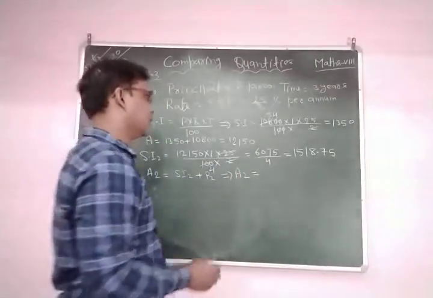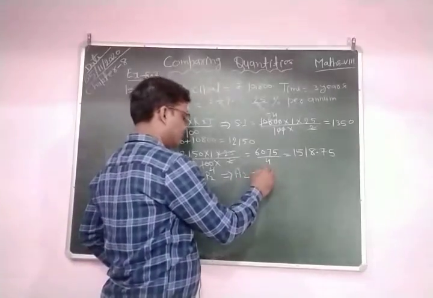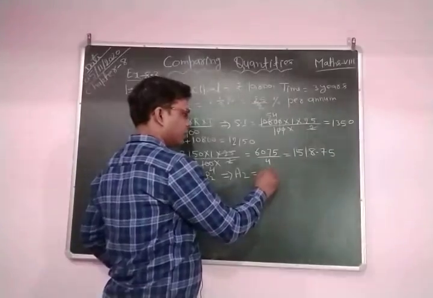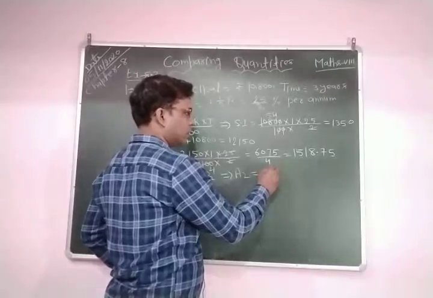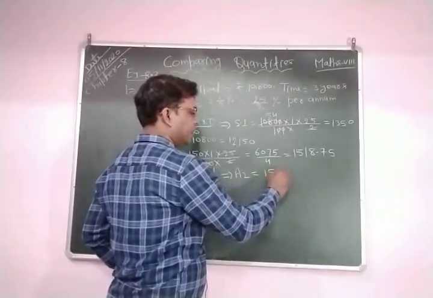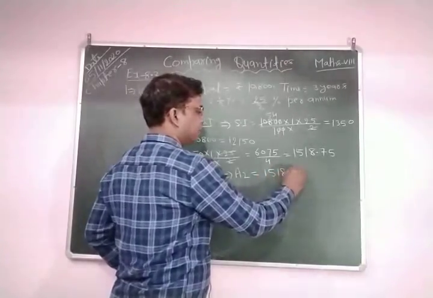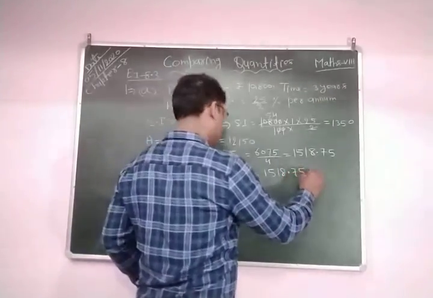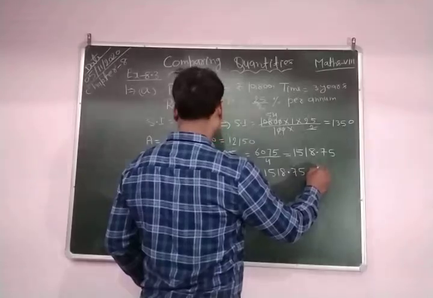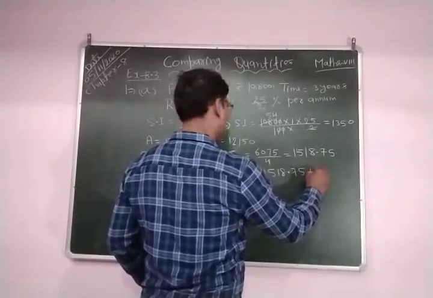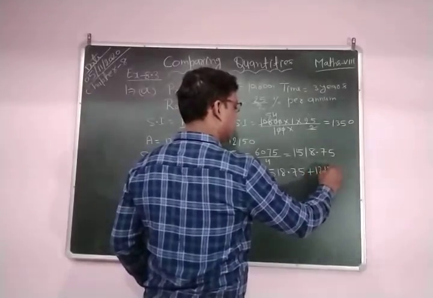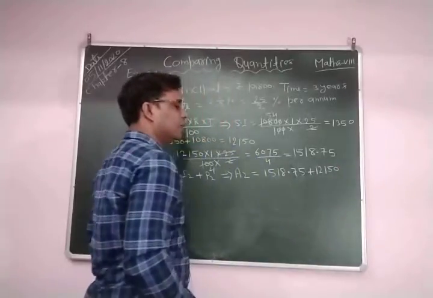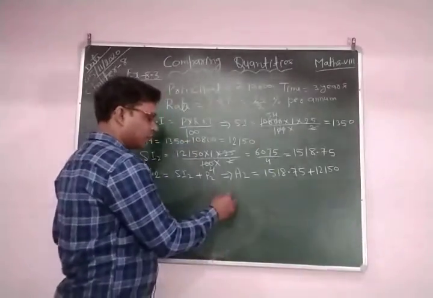This is equal to SI2. This is SI2. This is equal to 1,518.75 and plus amount. What is amount? Amount is given here, 12,150 rupees. Clear?